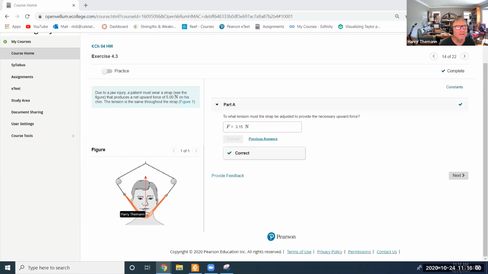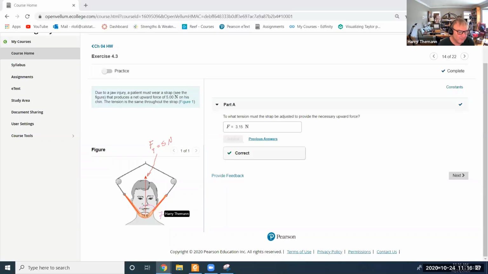So what's going on here? We need Fy to equal 5 Newtons, and that's this guy. We're given one angle, 75 degrees. This is one of those things where it's just a question of practicing.